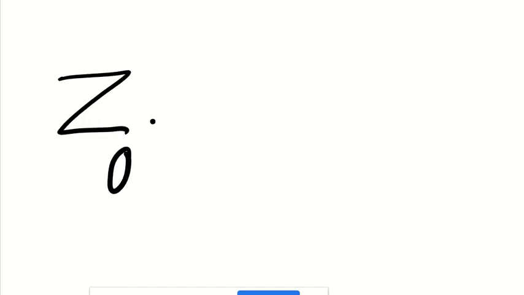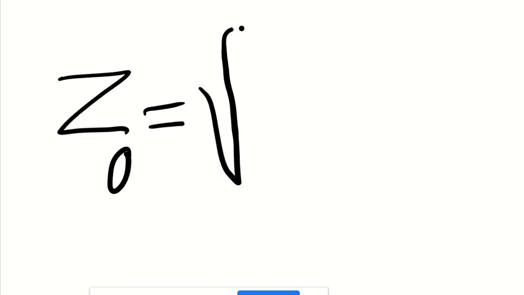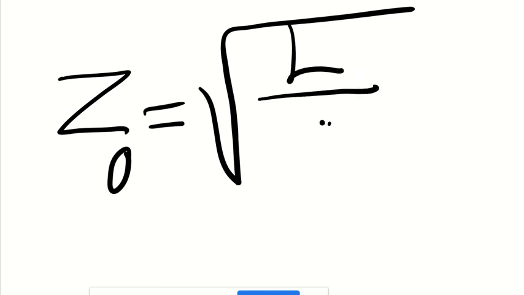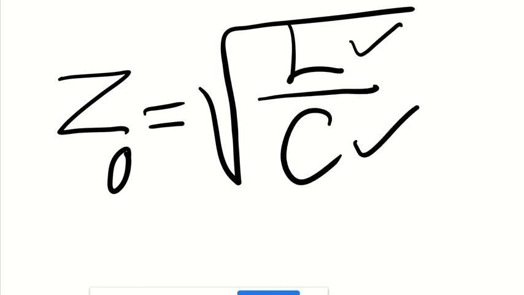Because I have L and C inside, it is defined as the square root of L divided by C, inductance divided by capacitance. Okay, so that's the impedance of my transmission line.